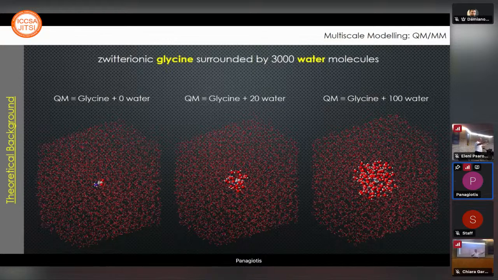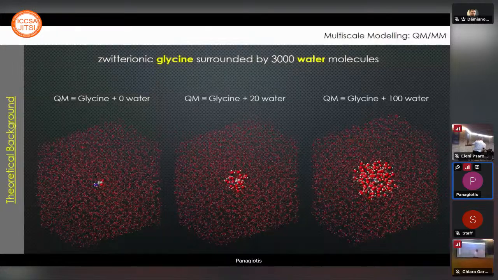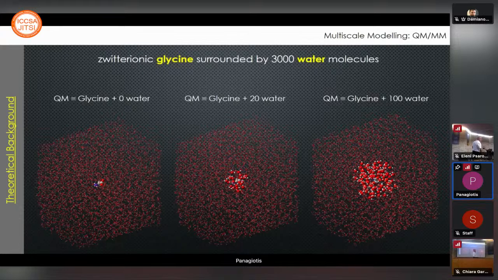So it's neutral, but it's a highly polar system. Well, if we want to simulate the solvation of this Schweitzer ion by water, here we have 3,000 water molecules, we can choose different QM regions. The first one is just the glycine molecule, the second one includes glycine and 20 water molecules, and the third one includes glycine plus 100 water molecules.